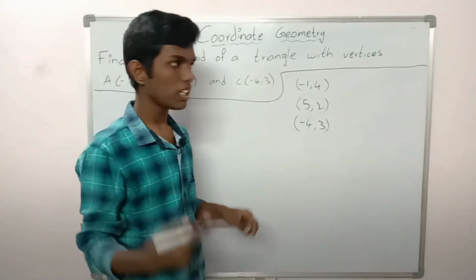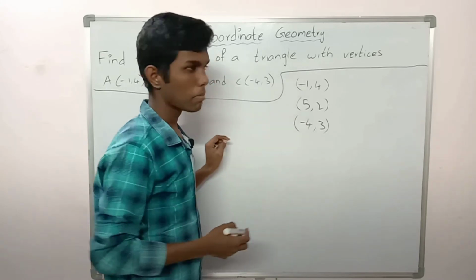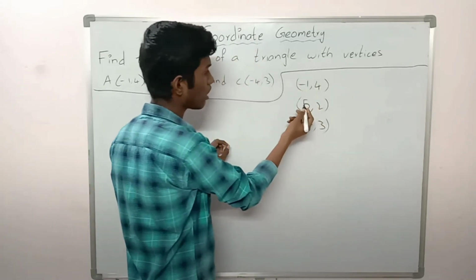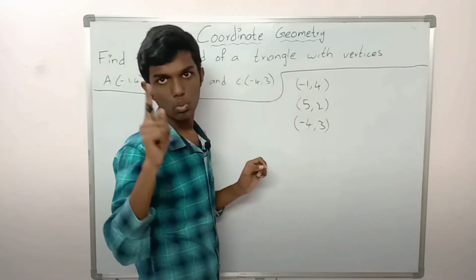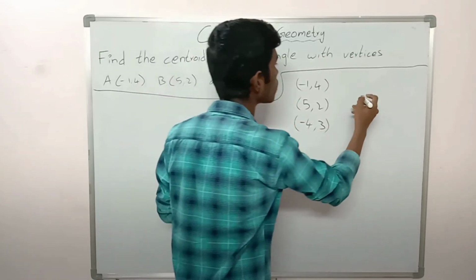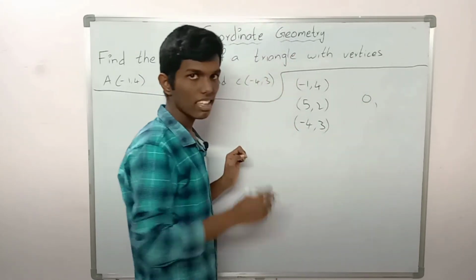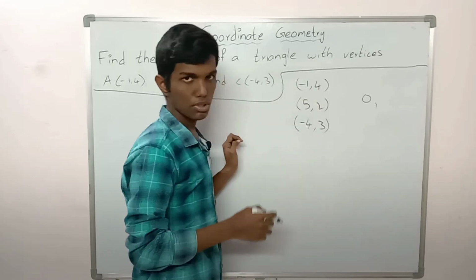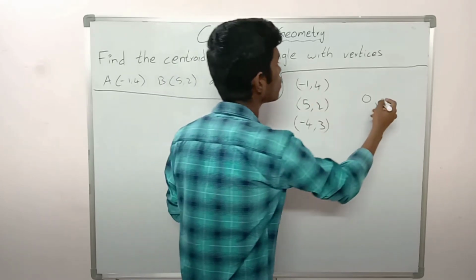And the second step is to sum them up. 5 minus 4 gives you 1, 1 minus 1 gives you 0, and then 4 plus 2 gives you 6, and 6 plus 3 gives you 9.